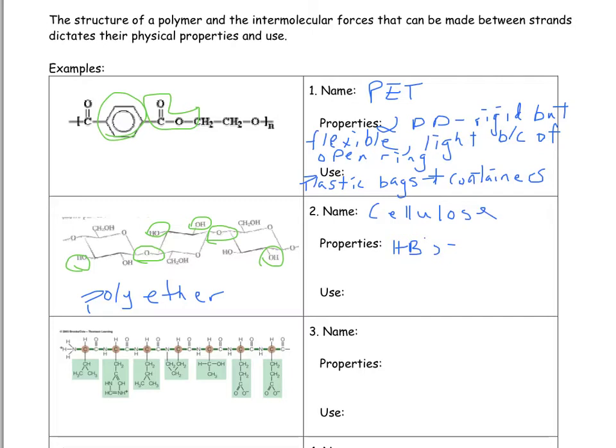This makes cellulose very hard and rigid. But because of the open ring structure, very light.